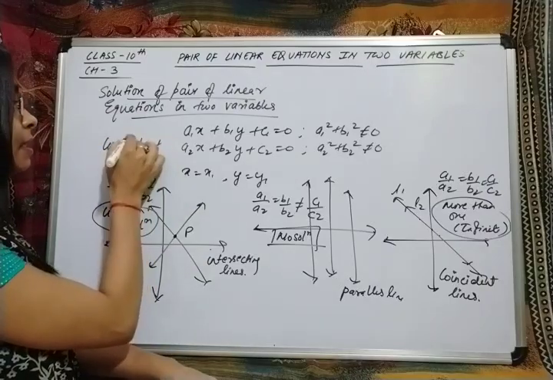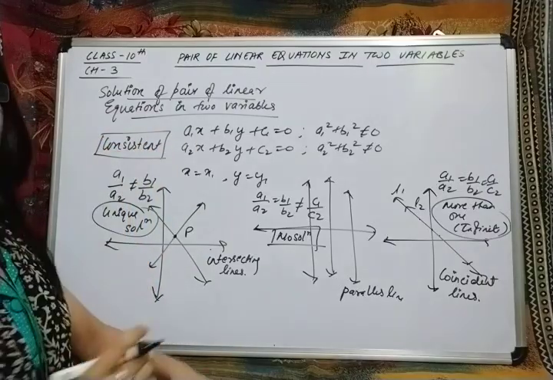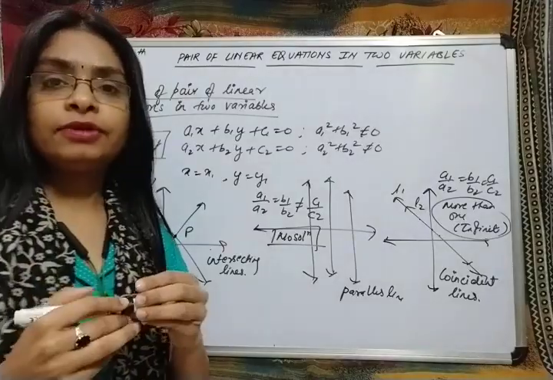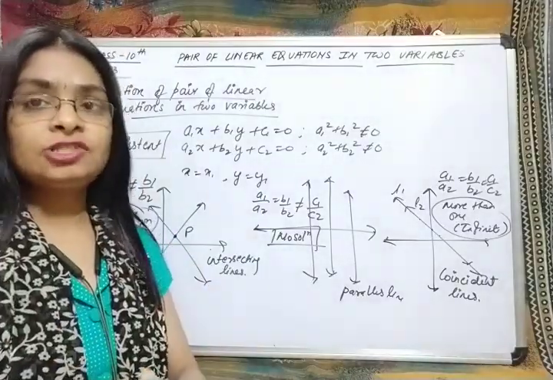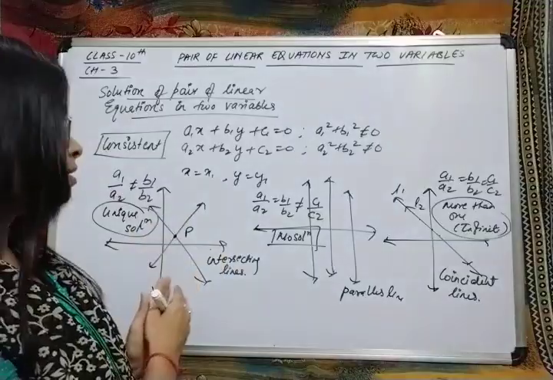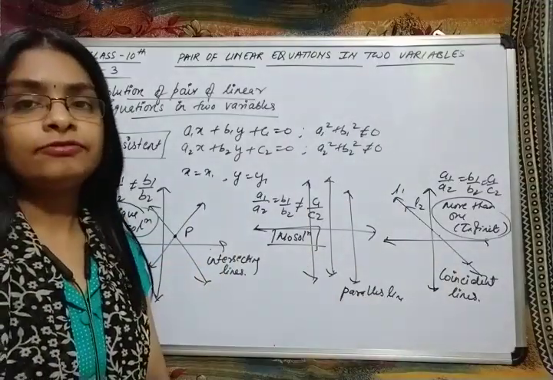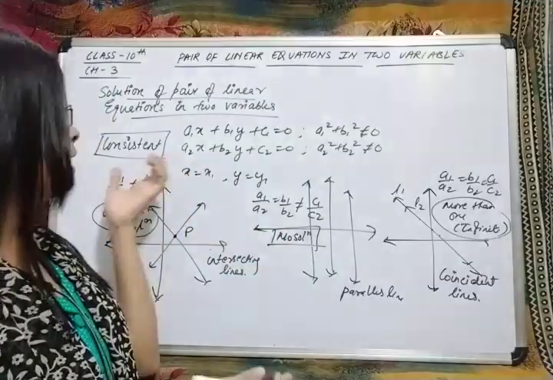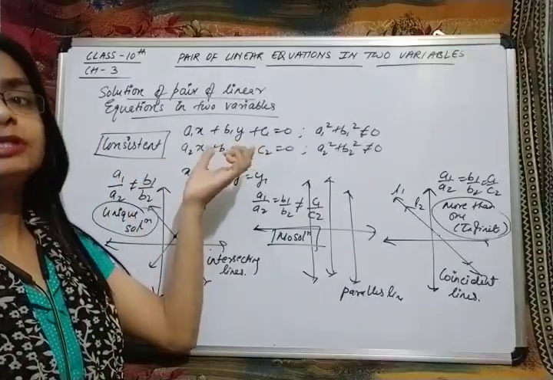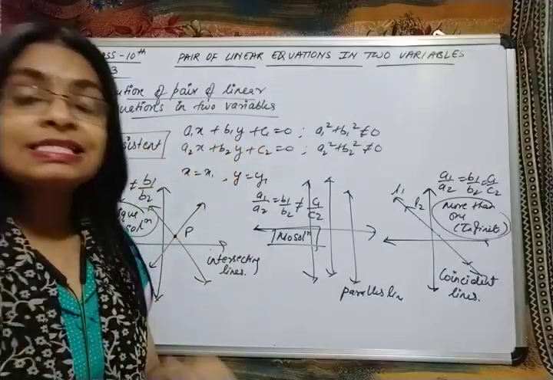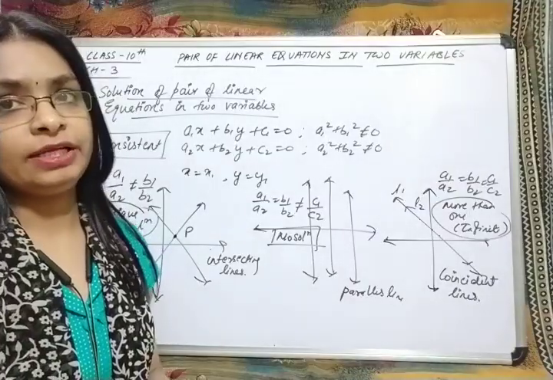Whenever the pair of linear equations in two variables is such that we get a solution, either a unique solution or infinite solutions, then it is said to be a consistent pair of linear equations in two variables.